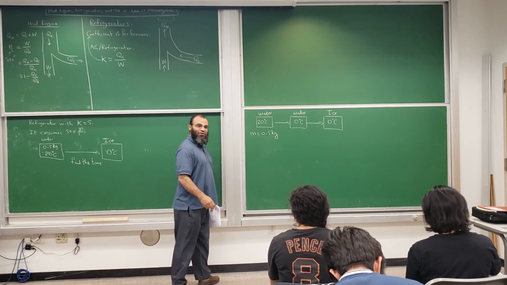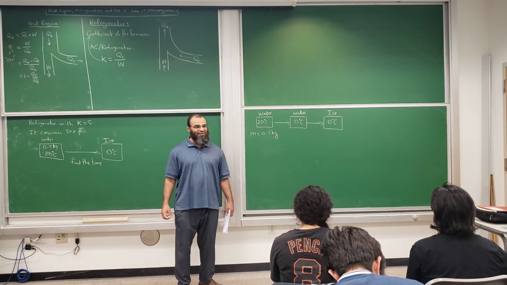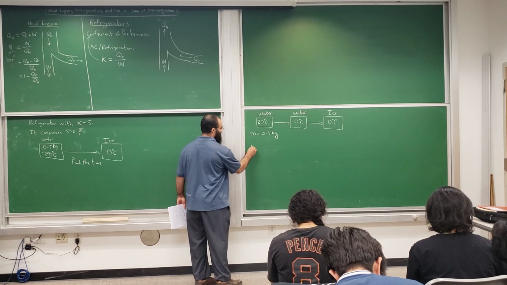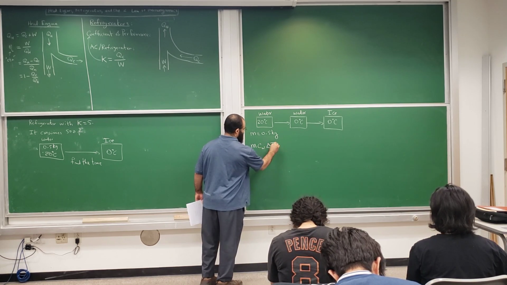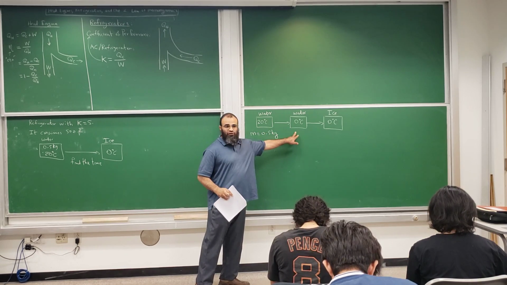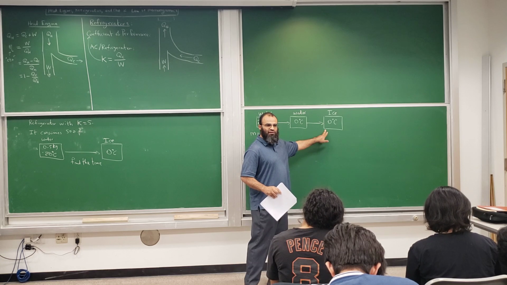So, all right, what do we do? MCV delta T, MCP delta T, or MC delta T? MC delta T. This is liquids and solids, yes, it's M C_w times delta T. That's for this step, from here to here. How about during the freezing process? The temperature is not changing.